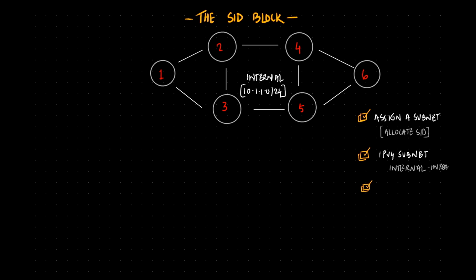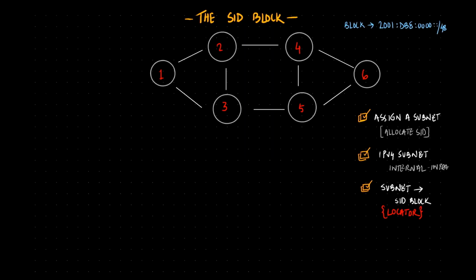When we talk about the same thing with IPv6, we need to assign a subnet. For SRv6, we need to assign a SID block, a subnet, which is assigned to each and every node. That means every node will have one block of subnet. From that block, we'll assign to each and every node in the segment routing environment.